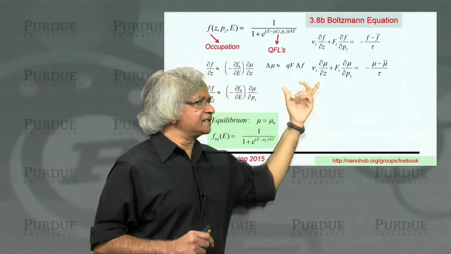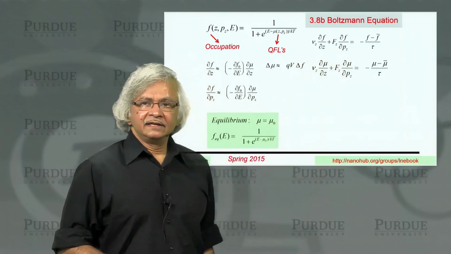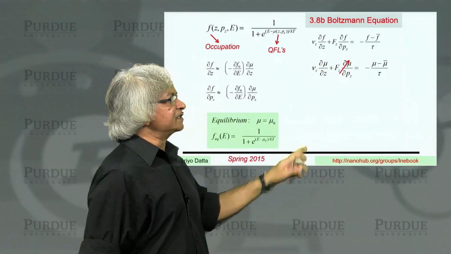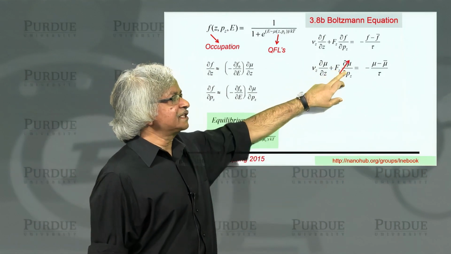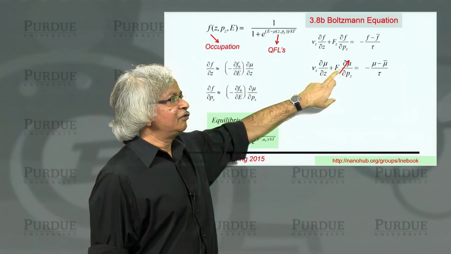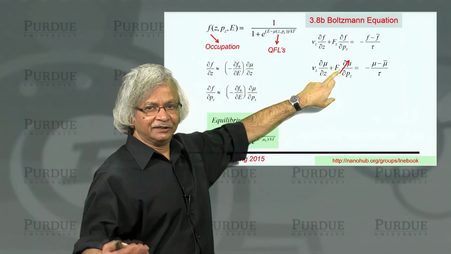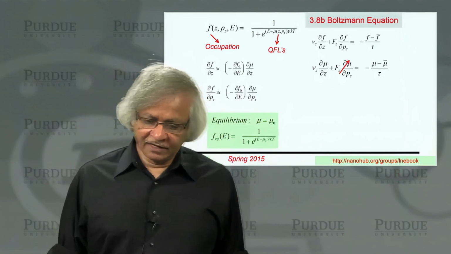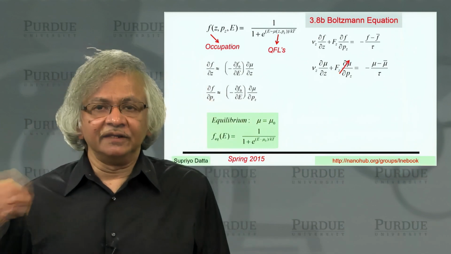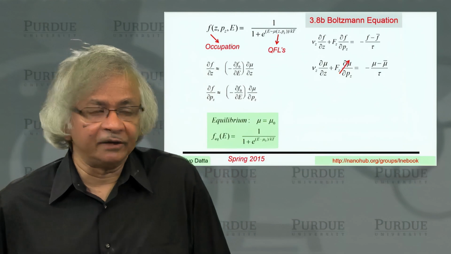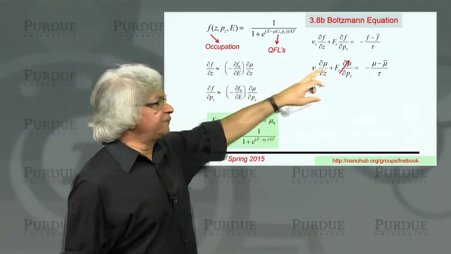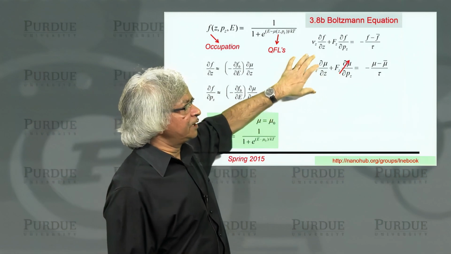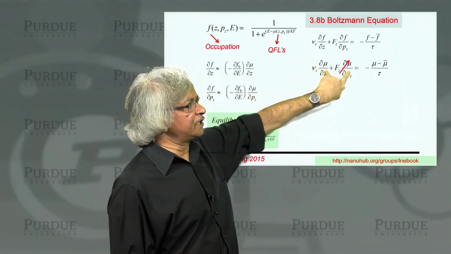Now the next point is a little more subtle, and that is that under many conditions you can ignore this middle term, because this is the term that actually involves the force due to the field, right? Usually this F is the force that an electron feels, and that is where the electric field would often enter the Boltzmann equation. Now, when can you drop this? The argument goes something like this: at equilibrium, of course, the derivatives are both 0.